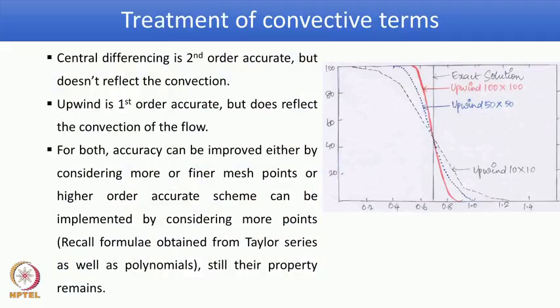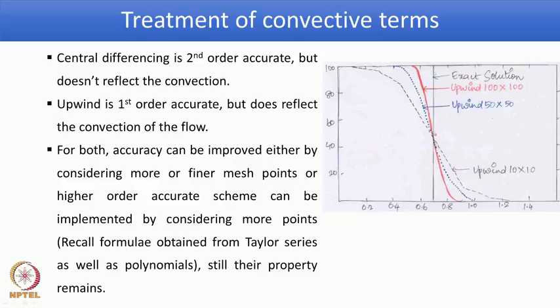So, you can actually increase the order of accuracy by considering more points. However, the property still remains the same, that is, one reflects convection, the other one does not, but the order is always higher.